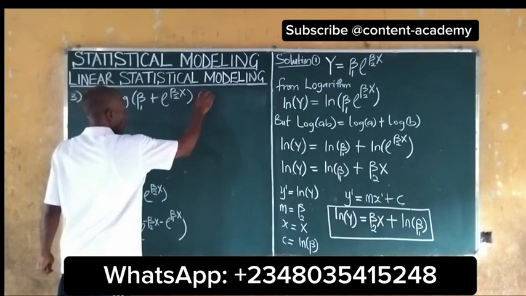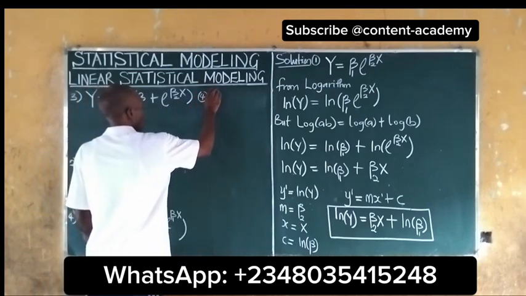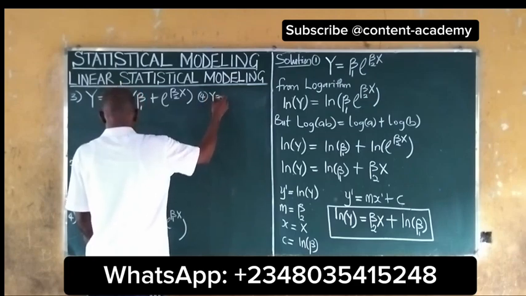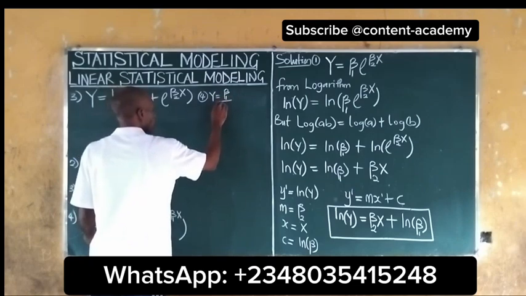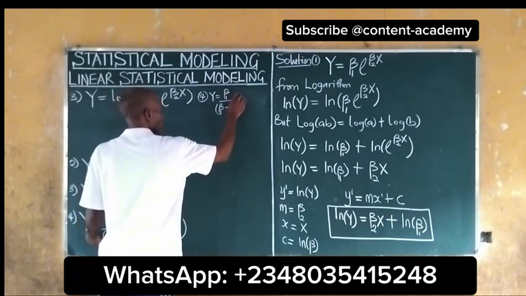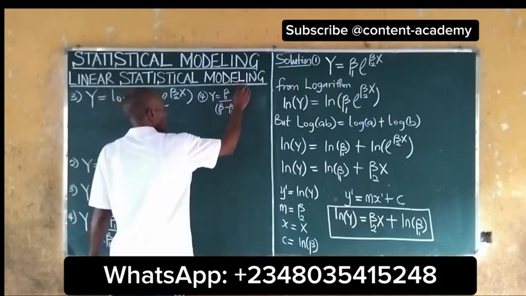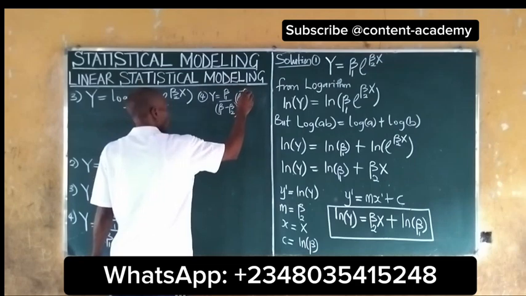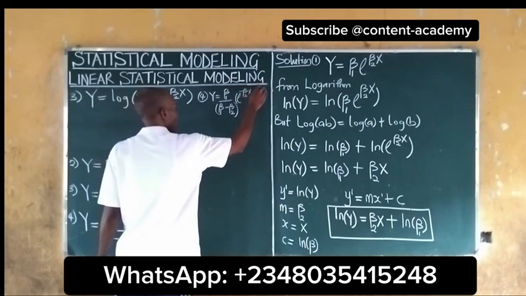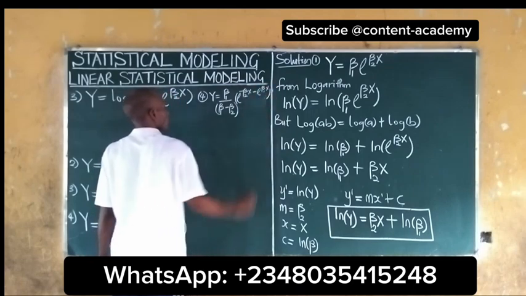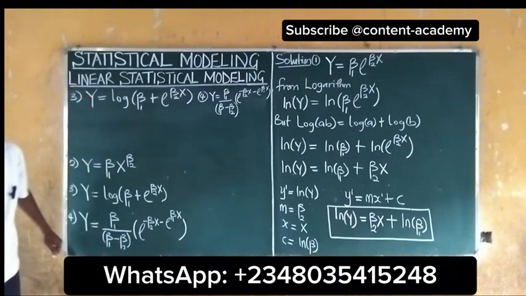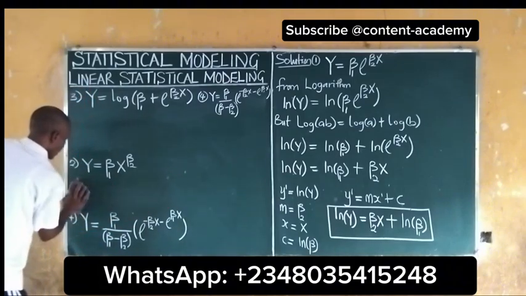And number 4 is y equal to b1 over b1 minus b2 into exponential negative b2x minus exponential b1x. So we can clean this.